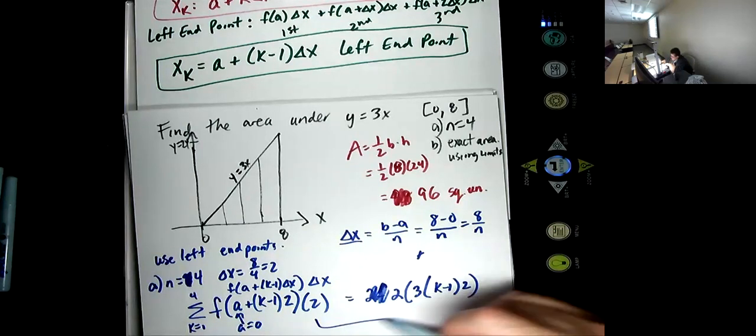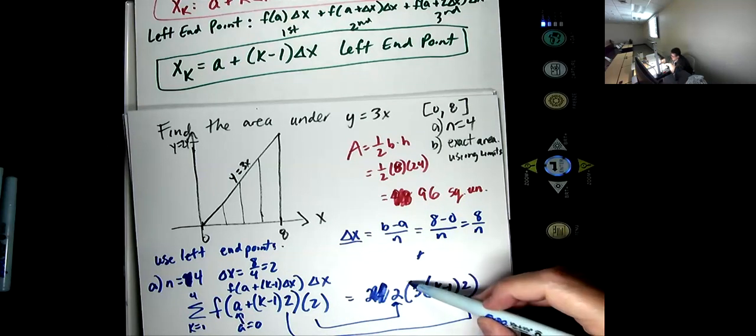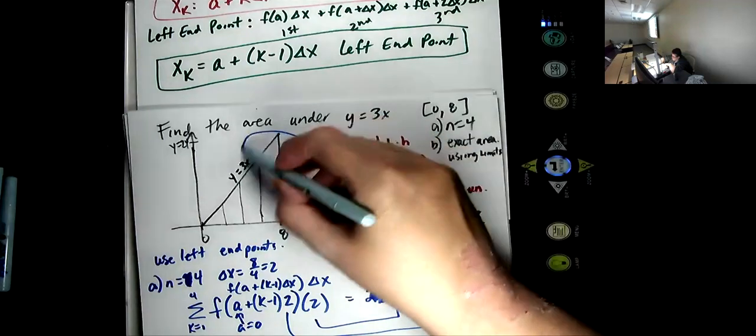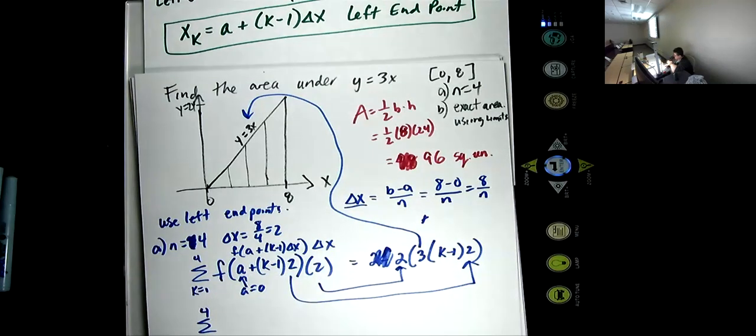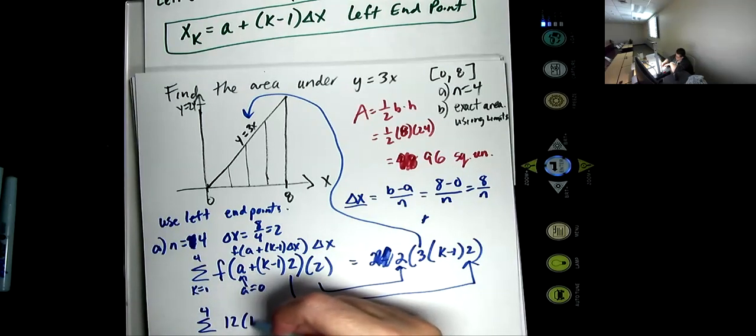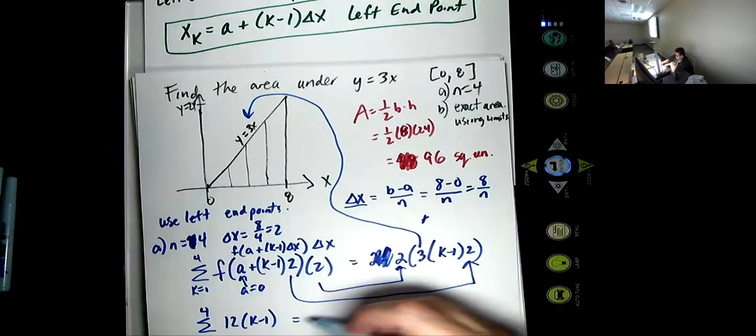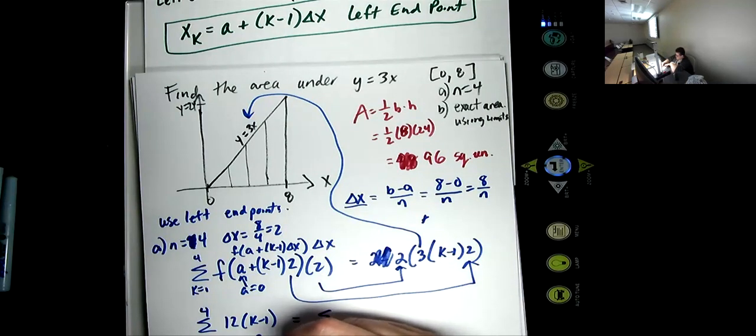So I just have 3 times k minus 1 times the 2 in here. So that 2 is that 2. This 2 is that 2. And this 3 is the y equals 3x. Two times 3 is 6, times 2 is 12. 12 times k minus 1, so this is 12k minus 12.